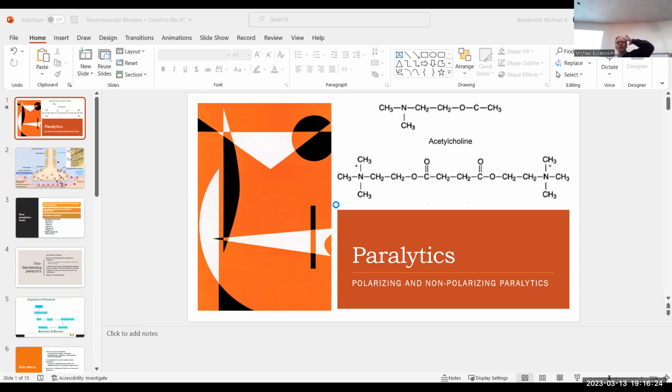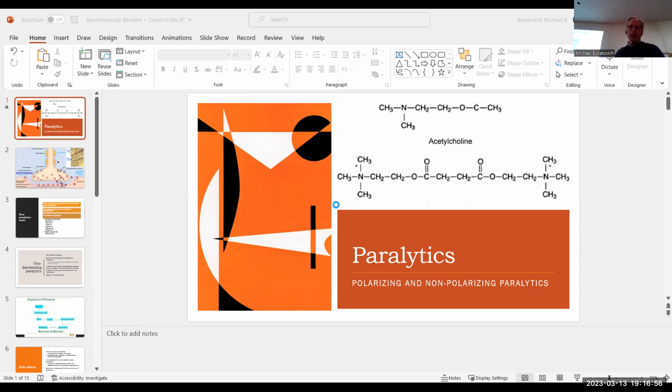To reverse your non-depolarizing paralytics, you can use a cholinesterase inhibitor. Cholinesterase degrades acetylcholine. This essentially takes acetylcholine's levels and bumps them way up. So neostigmine inhibits degradation of acetylcholine by cholinesterase, and that is a very good reversing agent.